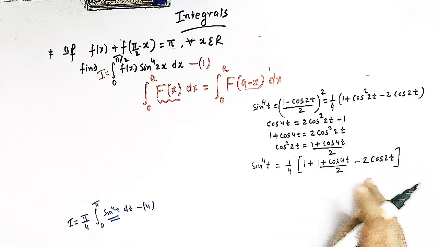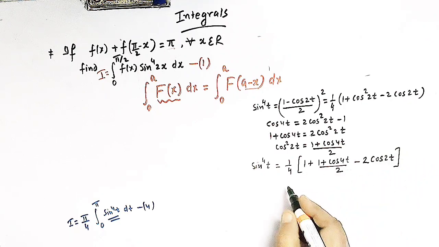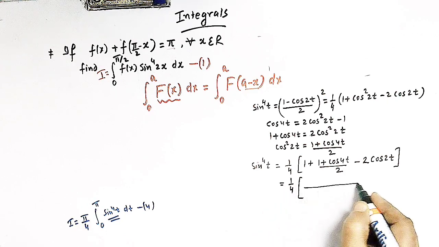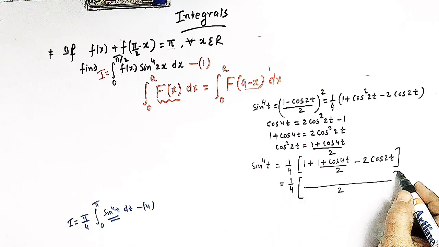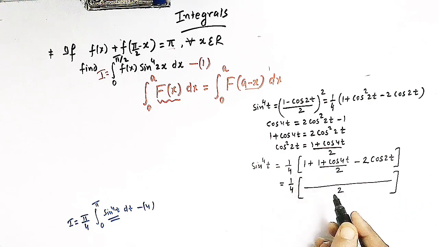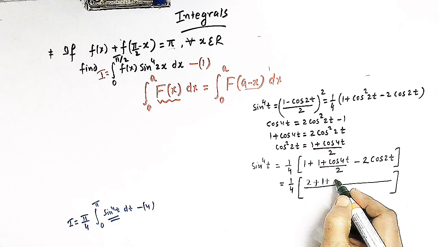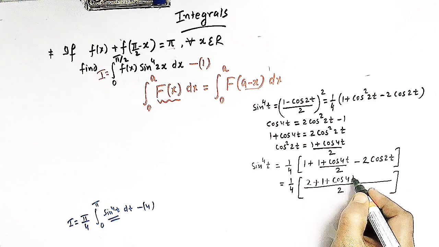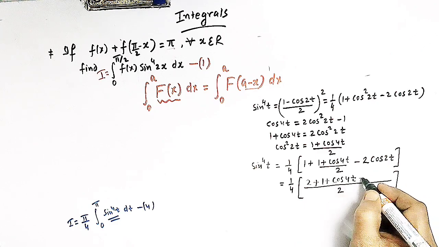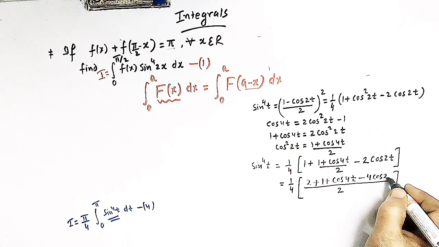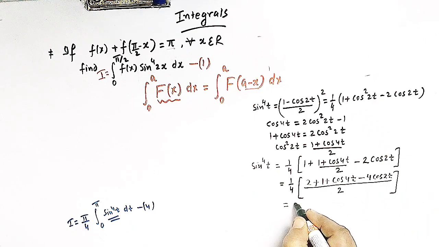So let us take the LCM here. We have 1 over 4, and we can now write here 2, and 2 times 1 is 2, then we have 1 plus cos 4t, and then we have here 4 cos 2t. So let us simplify it.